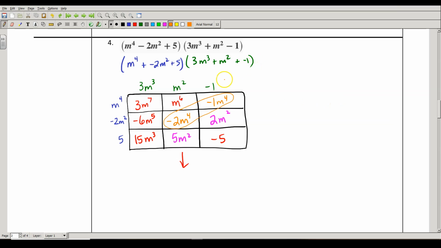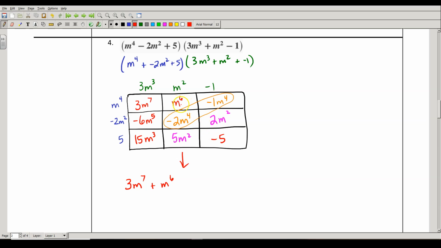So what I'm doing here is now just taking the terms and putting them underneath. So 3m to the 7th. 3m to the 7th is there, and that does not combine with anything else. Then we look to the next one. We have an m to the 6th, so that's going to be plus m to the 6th. And there's no like terms we can combine there.